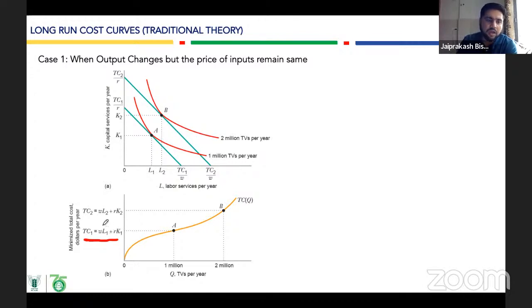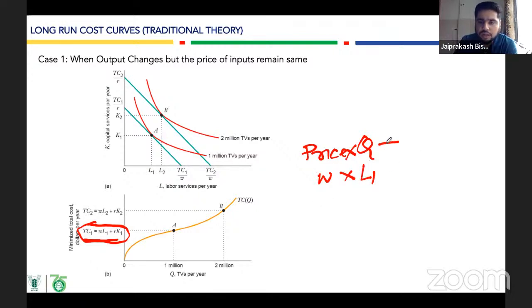Okay, so you see here total cost at producing 1 million units of TV is equal to TC1, which is equal to WL1, which is price into quantity. Price is your W for your labor, wage rate, into quantity of labor, which is your L1.